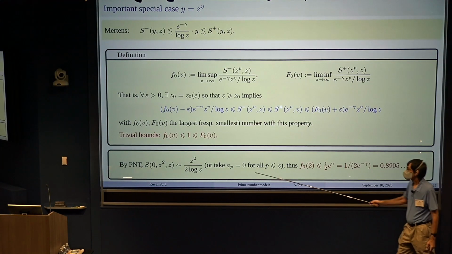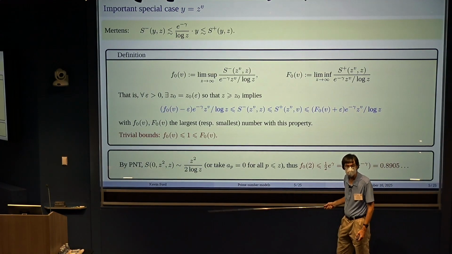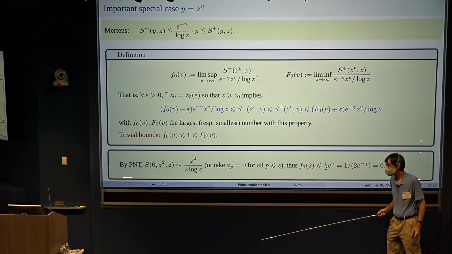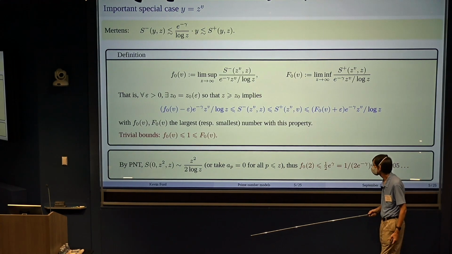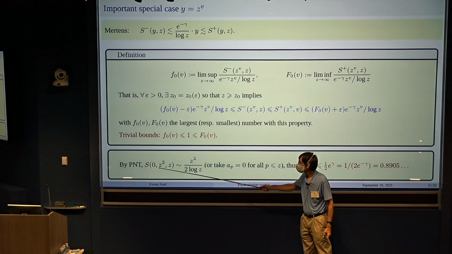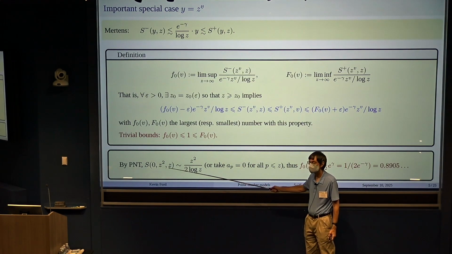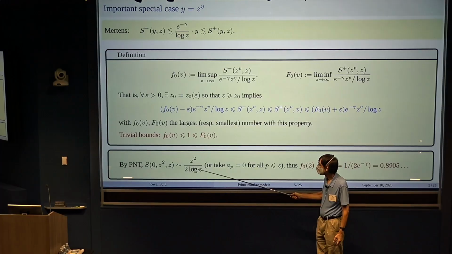Okay, so these have been normalized in a special way so that this will be true. Now, you might wonder, okay, are these two equal to 1? Can one do better? And yes, you can do better. And here's an example, again, coming from the prime number theorem. If we sieve the interval 0, z squared by the primes up to z, as I mentioned before, we're left with primes, so the prime number theorem gives this asymptotic.